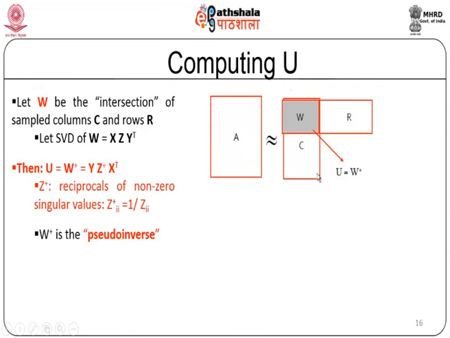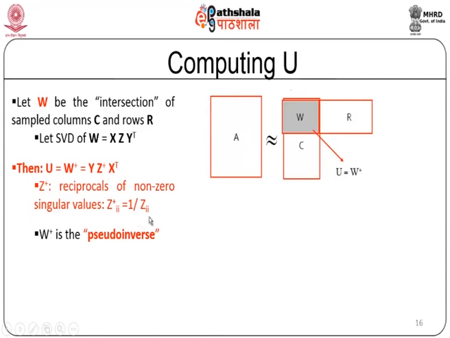Now, when you take a look at the matrix, I told you U is going to be a pseudo intersection of the C and R matrix. Diagrammatically you can see that the intersection of C and R is where the U matrix is going to be highlighted. So, when SVD provides X, Z and Y transpose matrices, the U matrix is going to be a pseudo inverse of the intersection of the C and R matrix, which is represented using W. Z plus acts as the reciprocals of non-zero singular values, that is, the singular values are taken inverse.